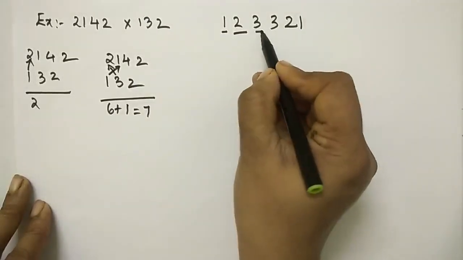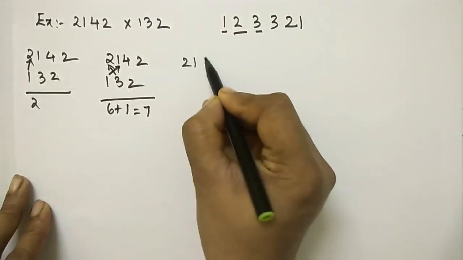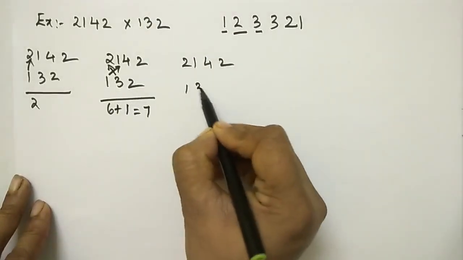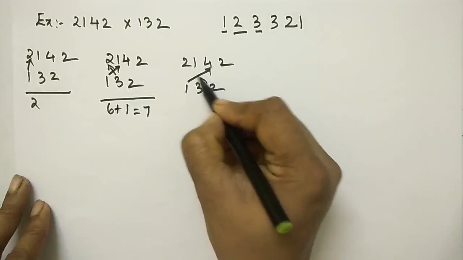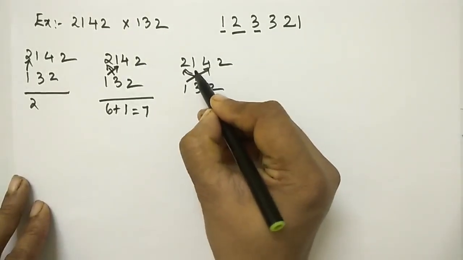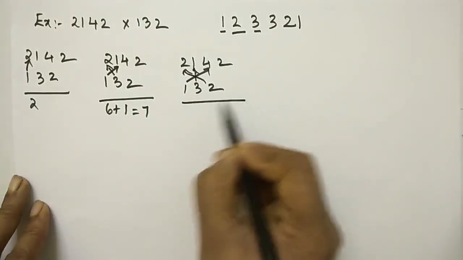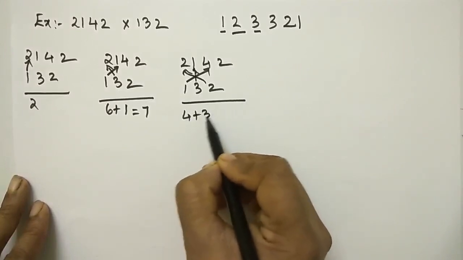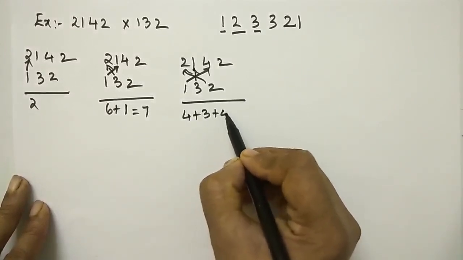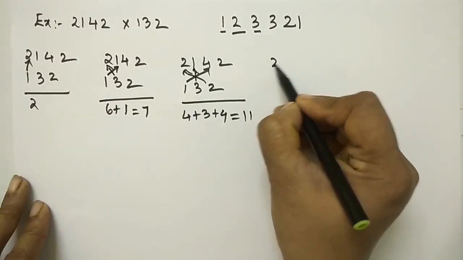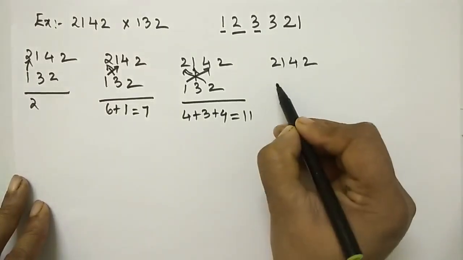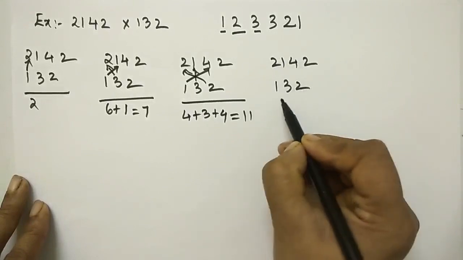Next pattern number 3. 2, 1, 4, 2, 1, 3, 2. Okay. Then you have to multiply 1 into 4, 2 into 2, 3 into 1. You will get 4 plus 3 plus 4. This is equal to 11. Now 2, 1, 4, 2, 1, 3, 2.